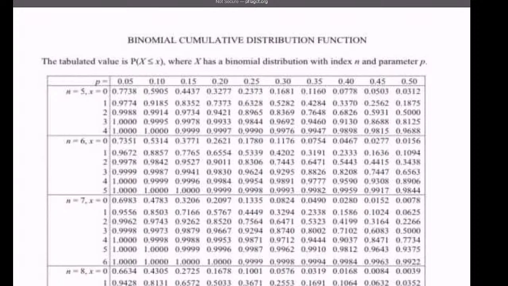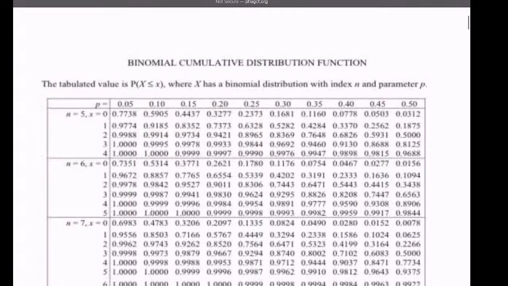There could be more, but anything that's not exactly the ones there, you could approximate. And it shows you all the possibilities. Well, n is 5, that means that you could have 0 successes in 5 tries, or 1 success, or 2, or 3, or 4, or 5 successes. I'm not sure why they missed the 5, but these are cumulative tables, so it means that they are adding up as they go along.